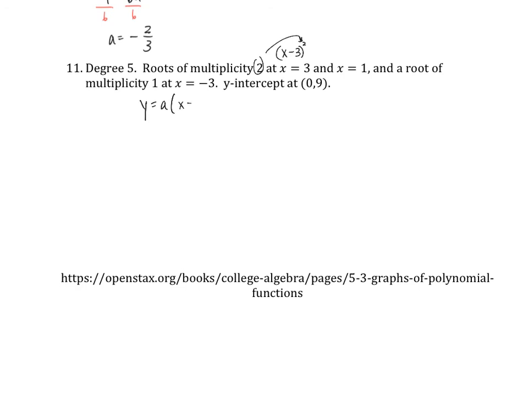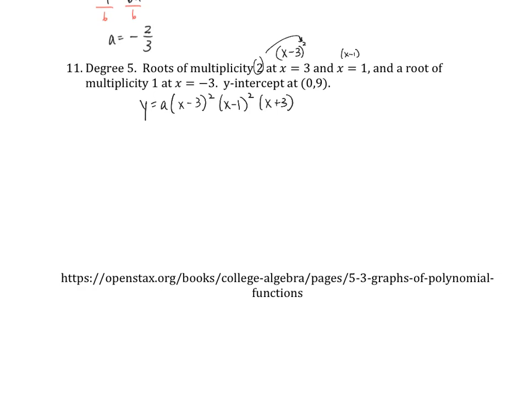So it's going to be x minus 3 squared. The factor associated with a 0 of 1 is x minus 1. And the exponent on that is 2 as well, because it says the multiplicity is 2. And then a root of multiplicity 1 at x equals negative 3. So that'll be x plus 3 with an exponent of 1.